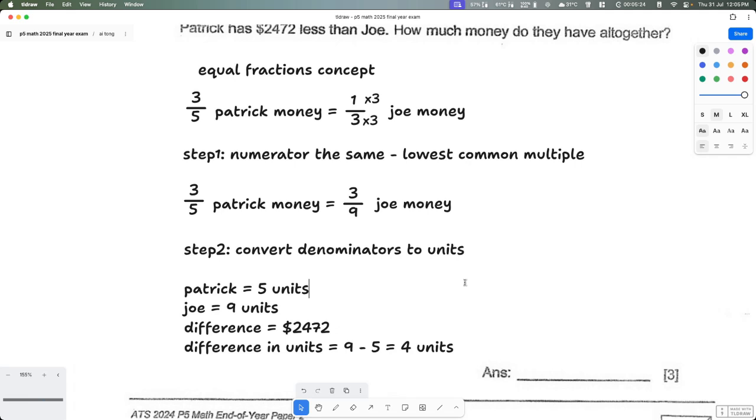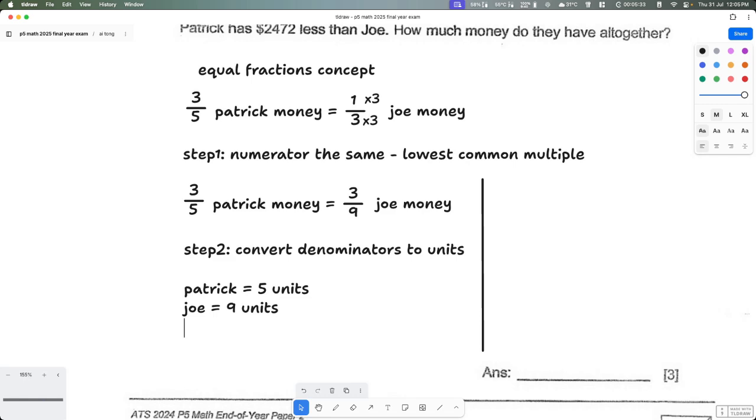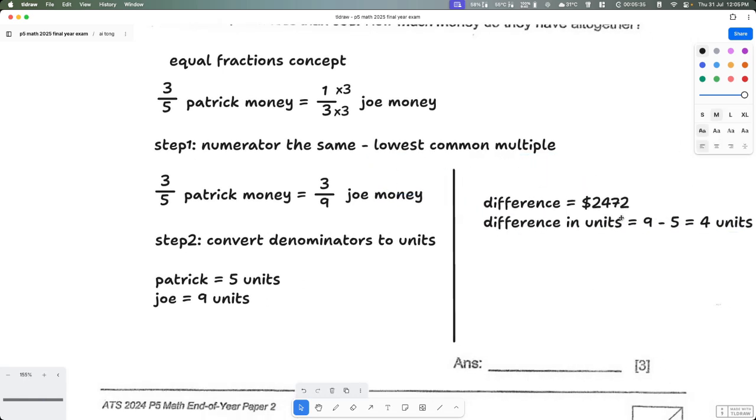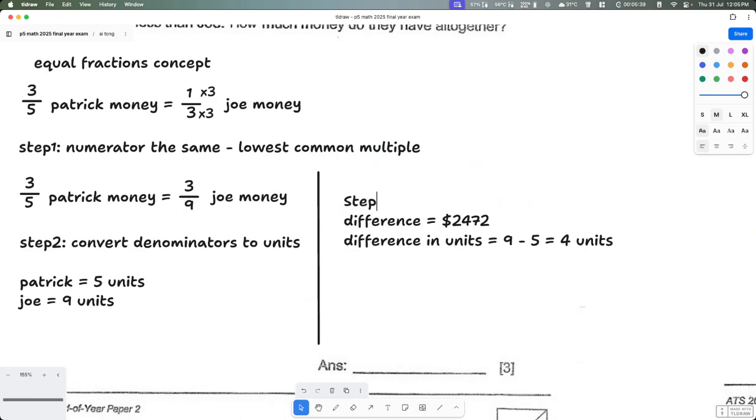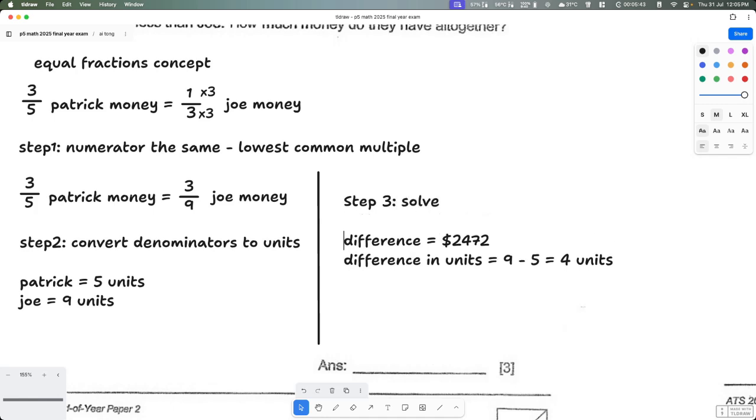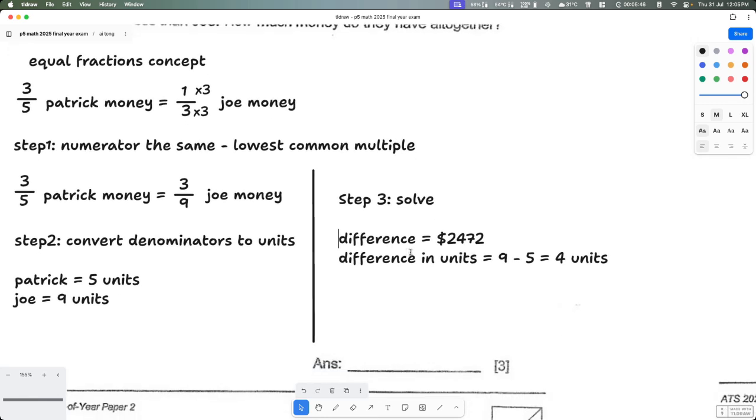So that means in this case, let's put a line over here. We can solve it already, right? So let's put this at one side instead. Step 3 is to solve. So in this case, how much money do they have altogether?